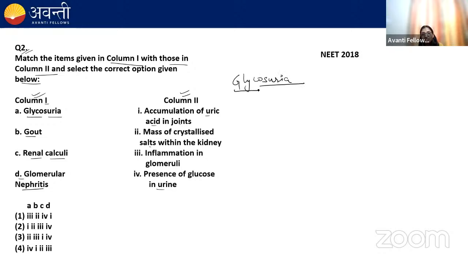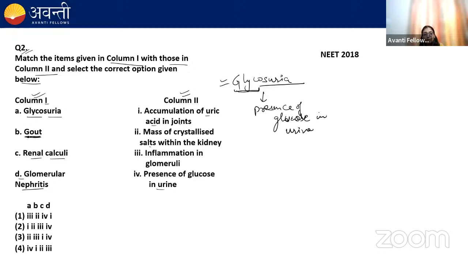Glycosuria, as the name suggests, glyco means glucose, right? So this refers to the presence of glucose in urine. Remember this.